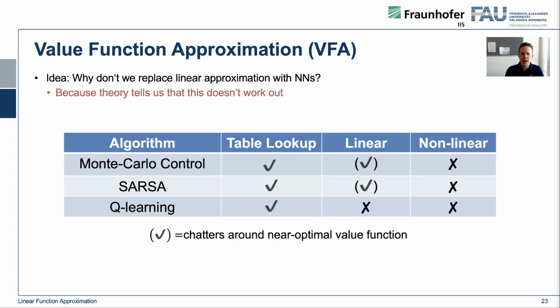The thing is that, as we have seen before, theory tells us that this probably doesn't work. We cannot derive any convergence guarantees, and reinforcement learning is always an area where we really care about stability during training, and nonlinear function approximation is really difficult and hard to stabilize during training.